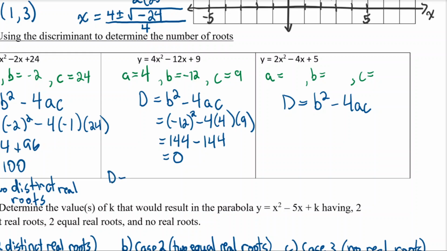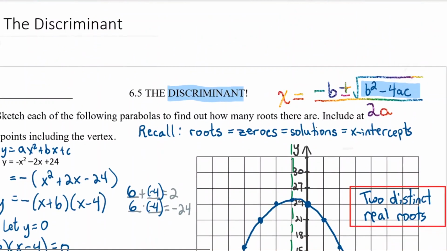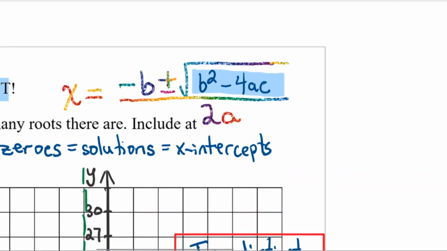Generally, when our discriminant is 0, this means that we have 2 equal real roots. It means we have kind of like 1 x-intercept. And take a look why this is. If my discriminant, let's look right here again. If my discriminant is 0, means all of this is 0.